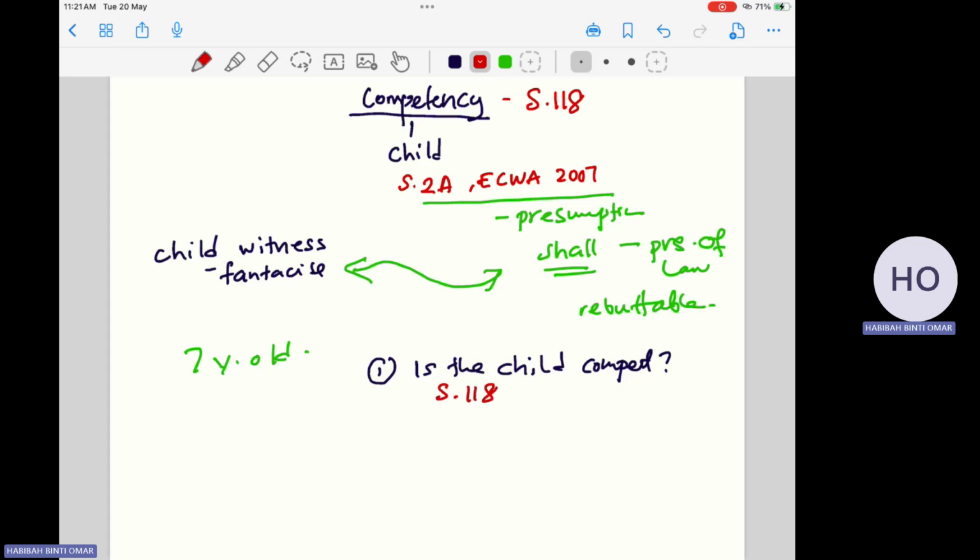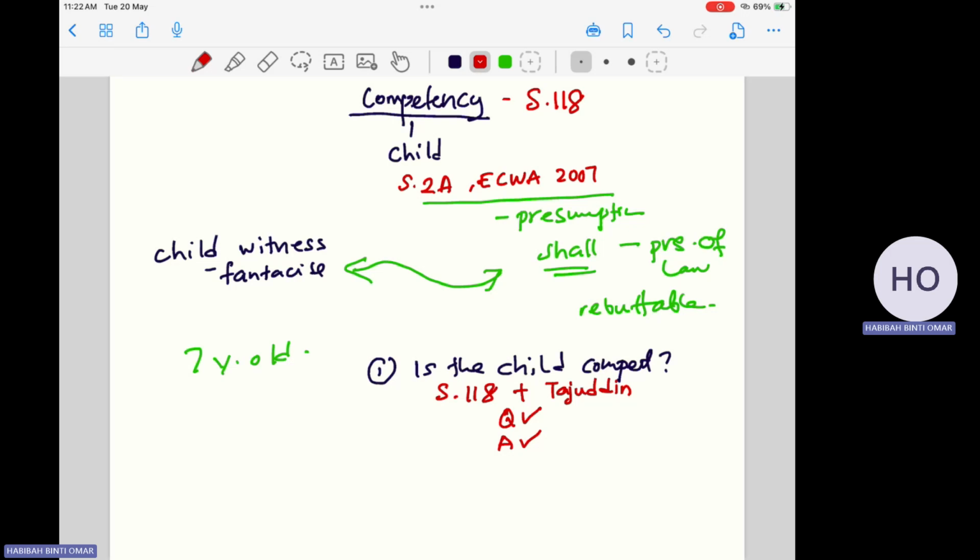If the child can understand the question put to her and is able to give rational answers to the question, you apply section 118 and you apply the principle in Tajuddin bin Saleh. If the child is able to answer the question and give rational answers to those questions, the child is basically competent.